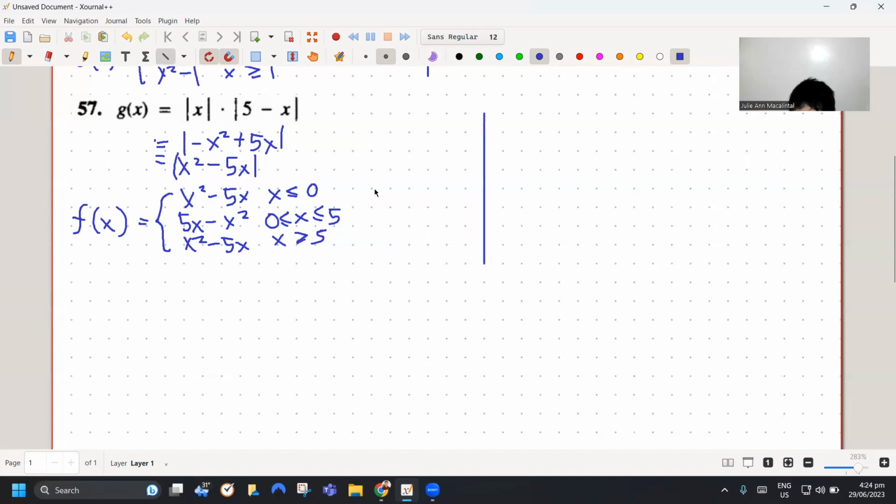So pakigraph na. Pakita mo yung 2.5 at saka 5 sa x.